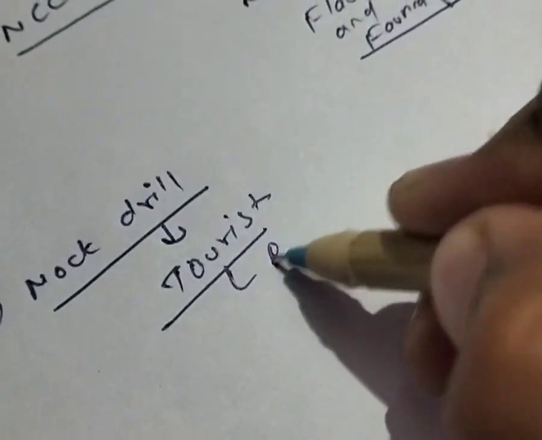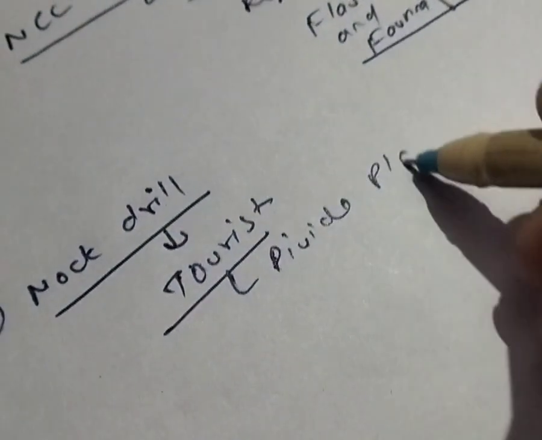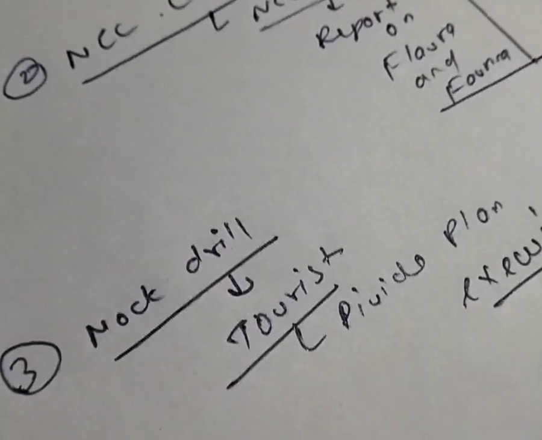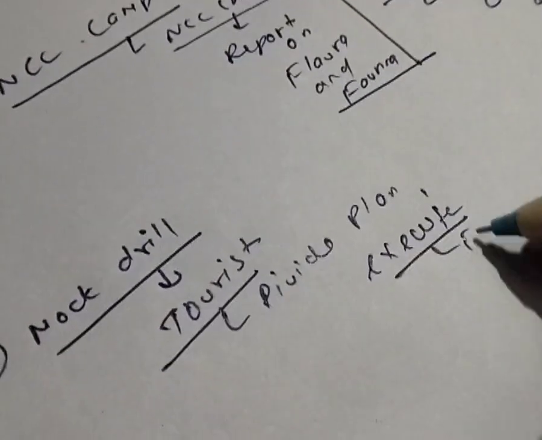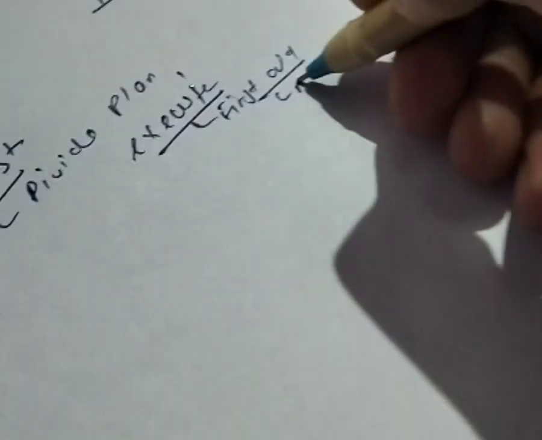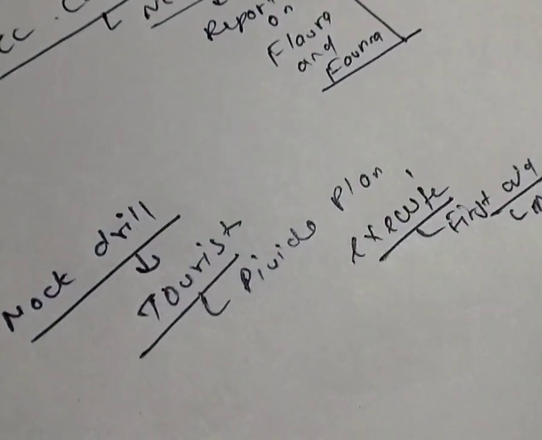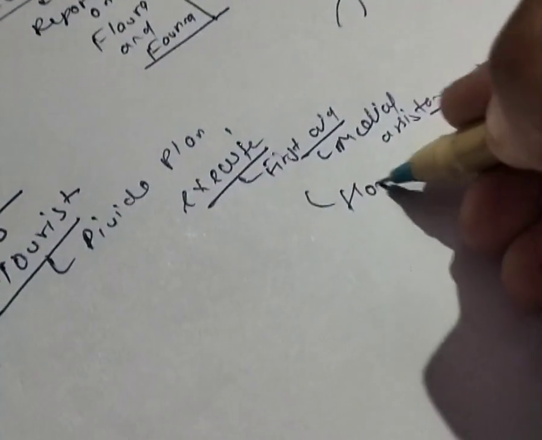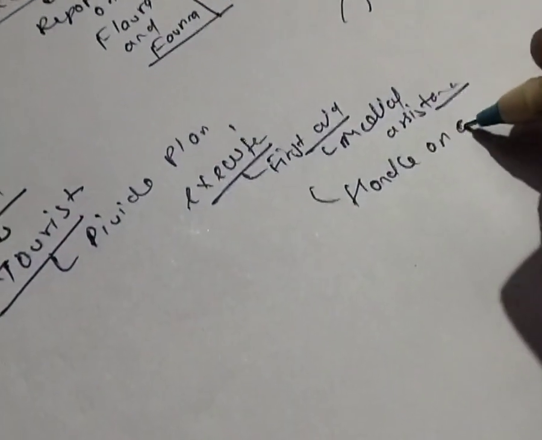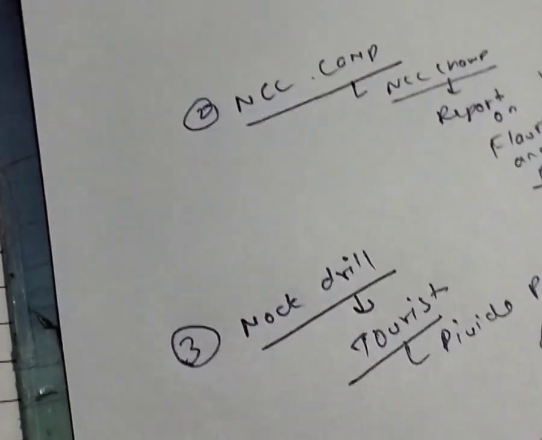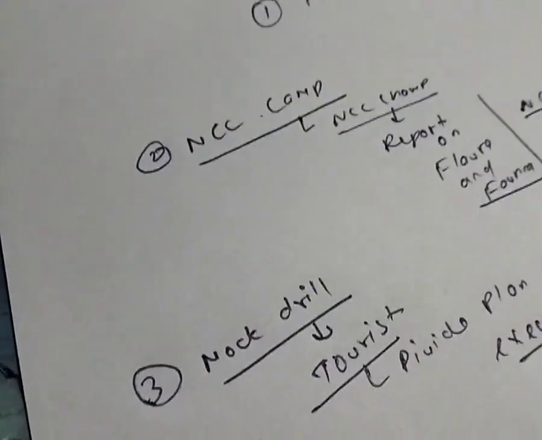For that, they divide, they plan, they execute. We can make actions on that. We can involve how to give first aid, how to ensure medical assistance in an emergency, how to handle an animal and all.